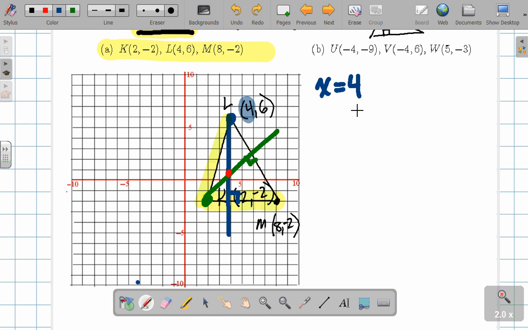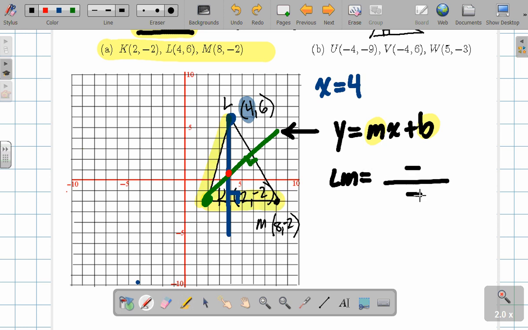Now for the green, remember there's only two things we need for this equation of a line: y equals mx plus b. We need a slope and we need a y-intercept. Do you see how it's intersecting LM? So you start by finding the slope of LM.